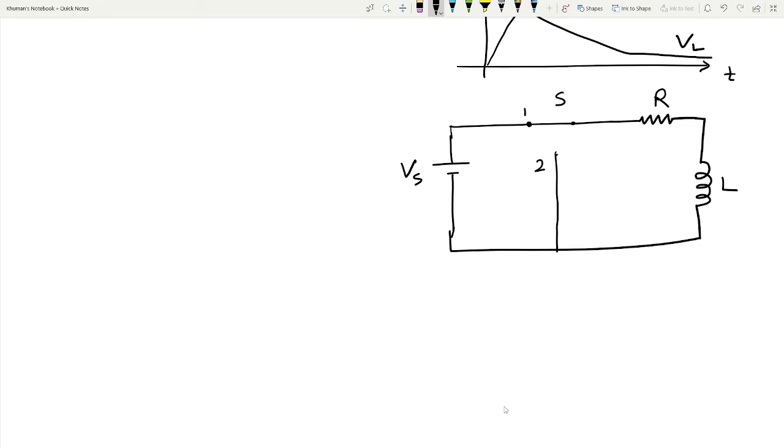So from terminal one at t equal to 0, it is brought to terminal two.